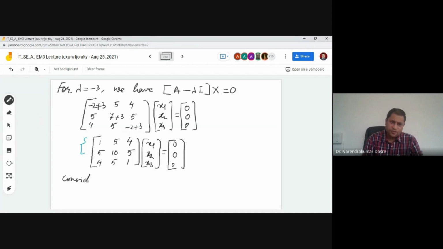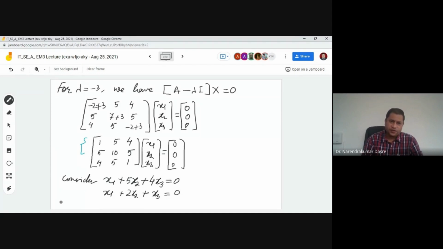So what we'll be having here, x1 plus 5x2 plus 4x3 is equal to 0. And here I can divide by 5, correct? So I can write this as x1 plus 2x2 plus x3 is equal to 0. These are the 2 equations we have.